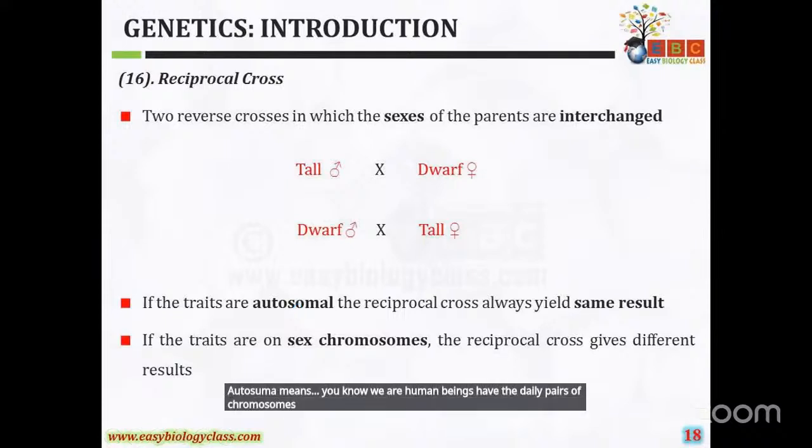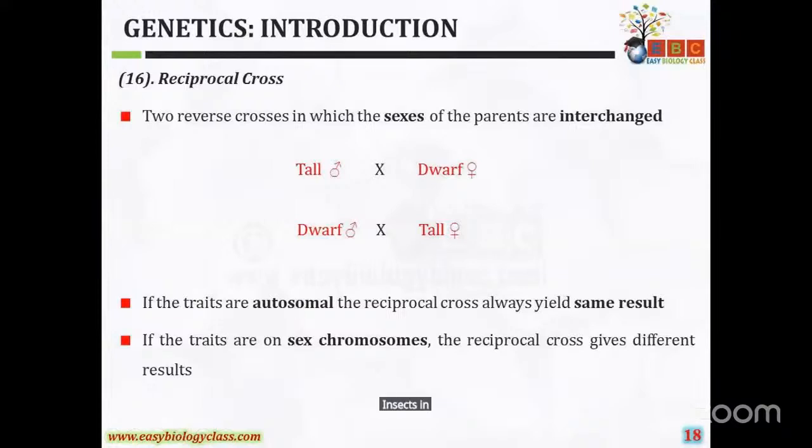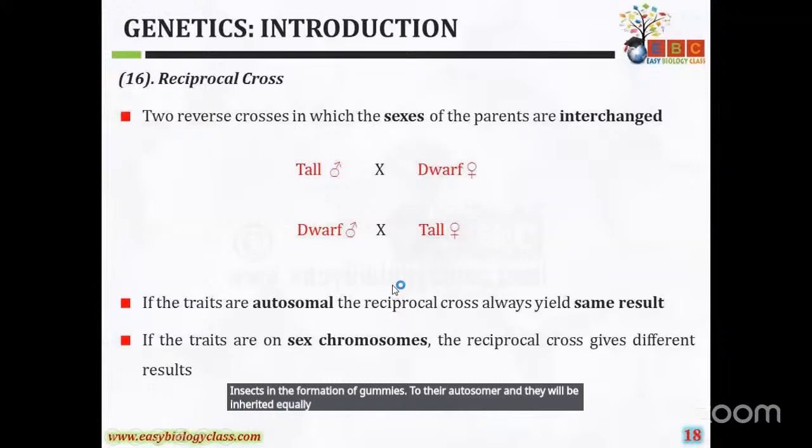So out of these 23 pairs, 22 are said to be autosomes. Autosomes, that is, they are borne on the chromosomes that are not involved in reproduction, in sex, in the formation of gametes. So they are autosomal, and they will be inherited equally in male and female. So male and female will possess traits that are being carried by autosomes.